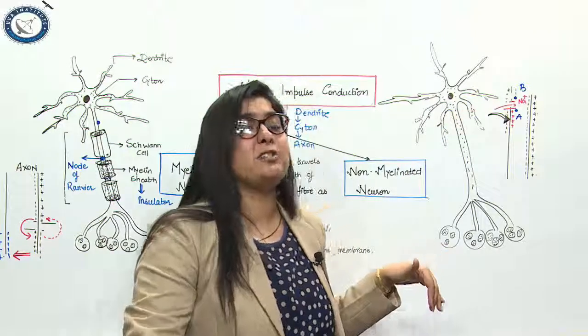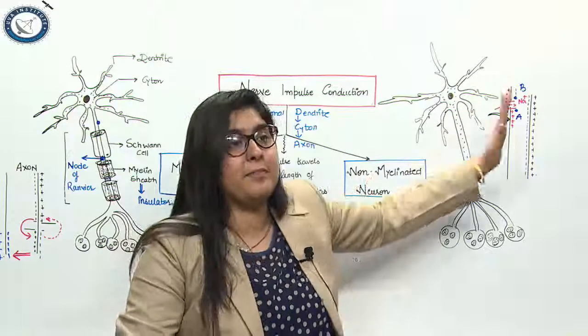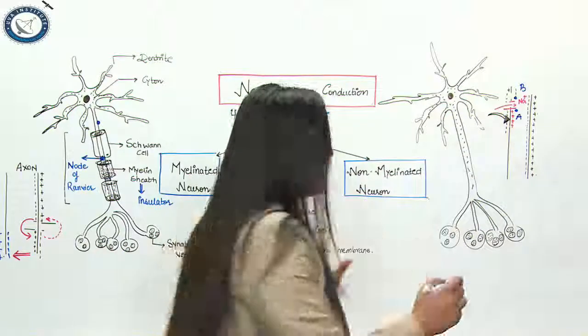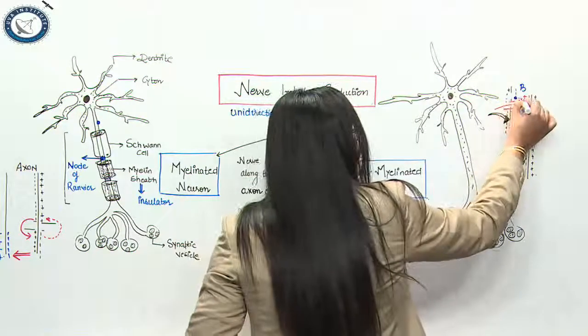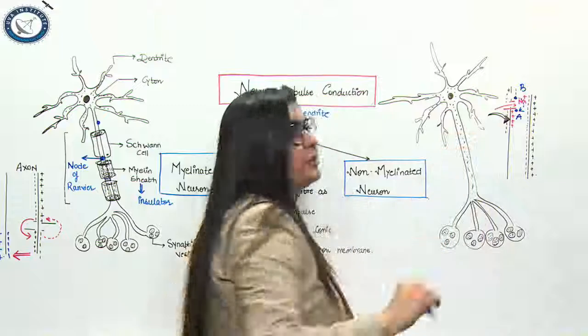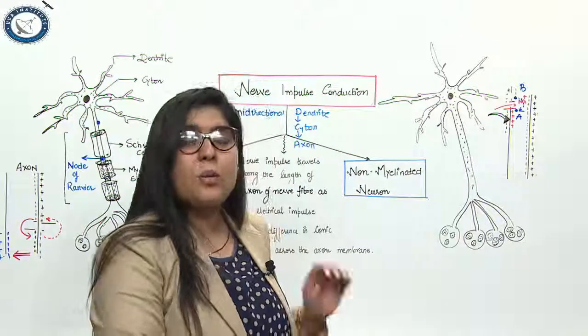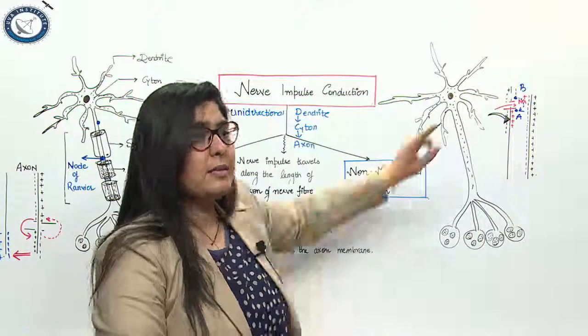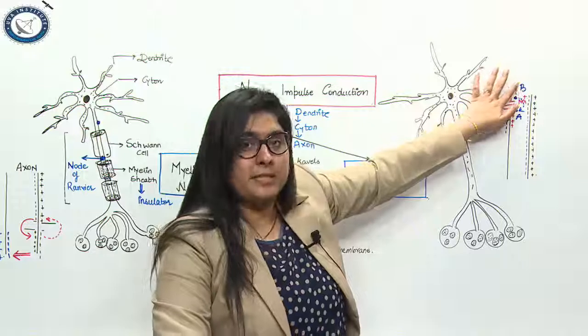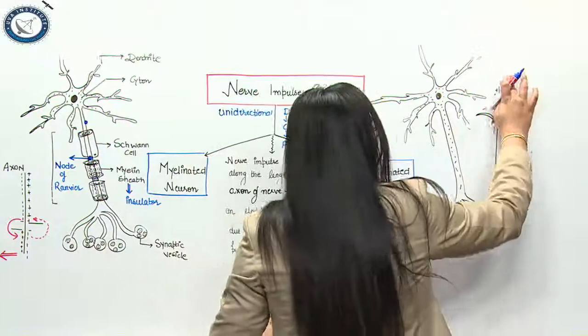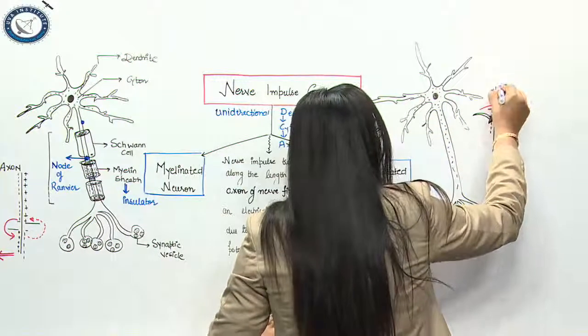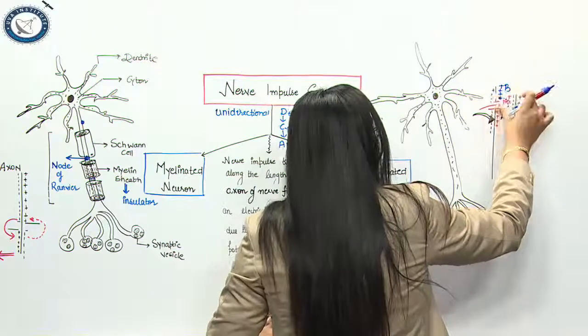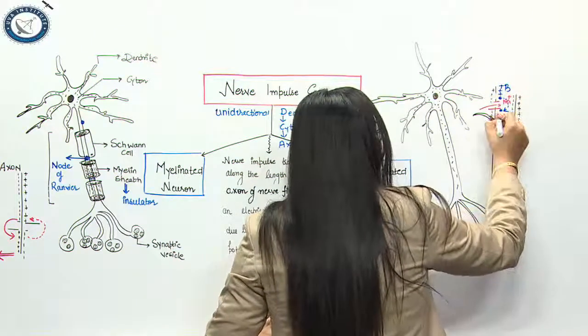Now, if the charge flows only on one side of the membrane, that is inside, say from here to here, what is going to happen? The other side is going to become positive, and this side is again going to become negative.